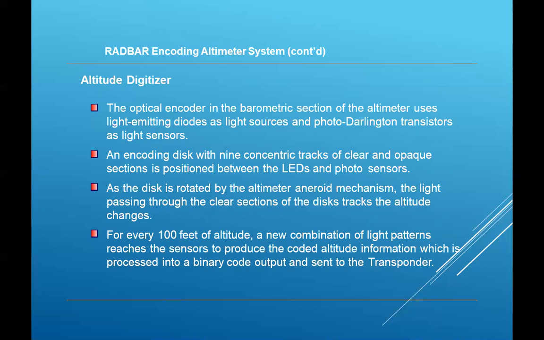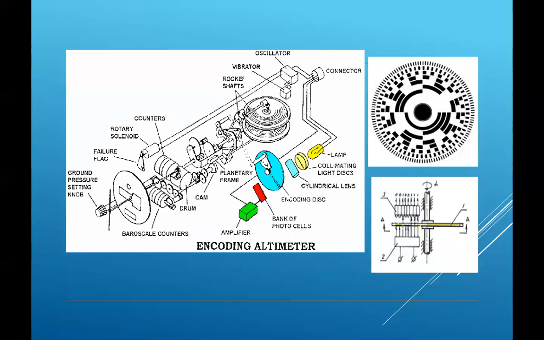As the disk is rotated by the altimeter aneroid mechanism, the light passing through the clear sections of the disk tracks the altitude changes. For every 100 feet of altitude, a new combination of light pattern reaches the sensor to produce the coded altitude information, which is processed into a binary code output and sent to the transponder. This is the encoding altimeter.